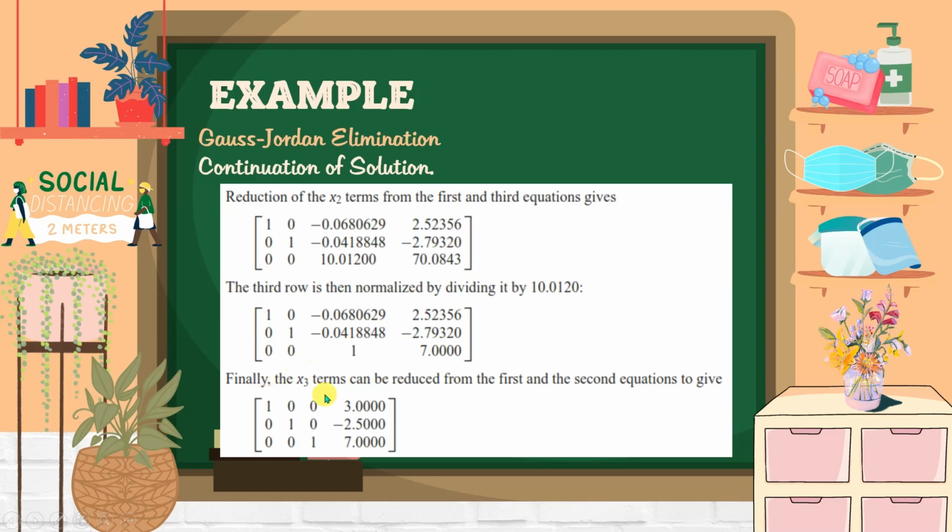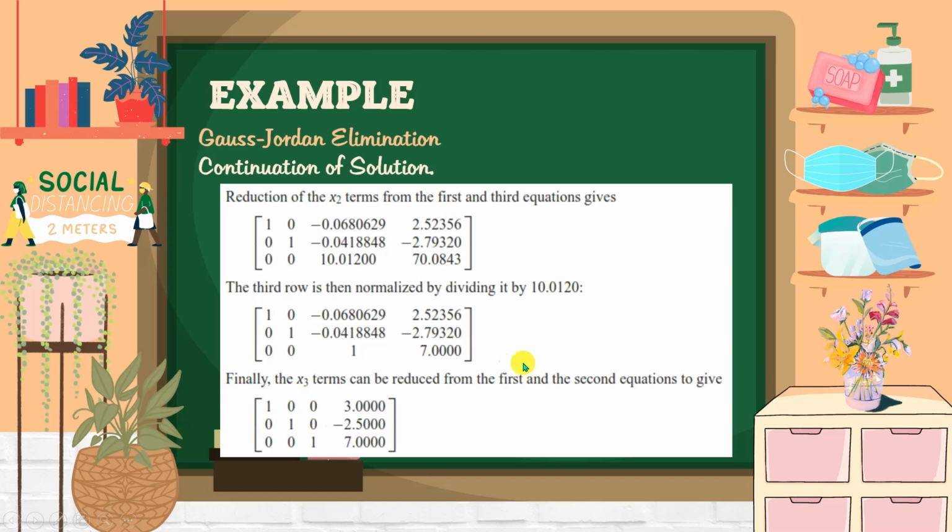And finally, the x sub 3 term can be reduced from the second equation to give this function. So you will notice the diagonals have a value of 1, for x sub 1, x sub 2, and x sub 3. And for the lower and upper triangular parts, we have the values of 0.